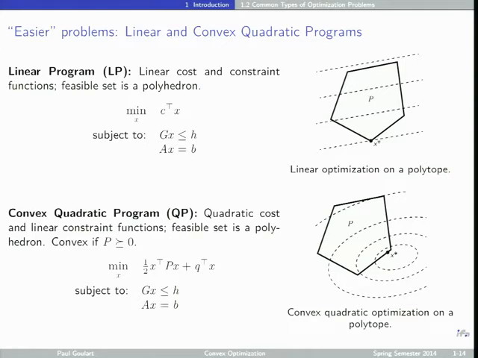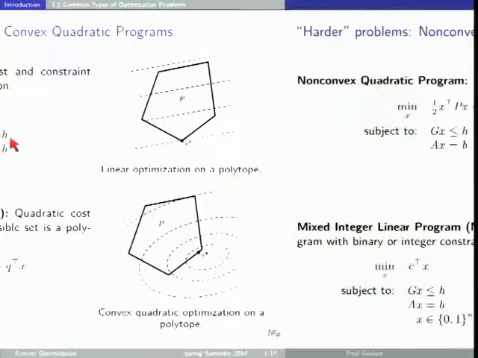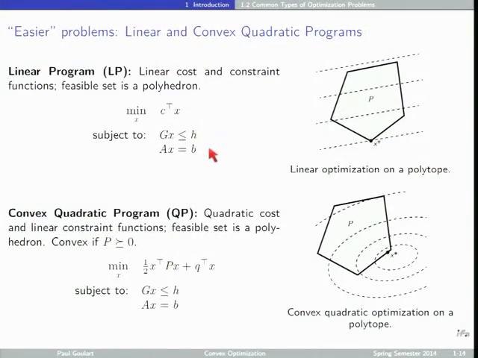And the two most common types of easy problems, or convex problems, are linear programs and quadratic programs. If I take a problem where I have a linear objective function, just some linear combination of the decisions that I want to make, and I define my equality constraints and my inequality constraints entirely in terms of linear functions, then I get a problem that looks like this.